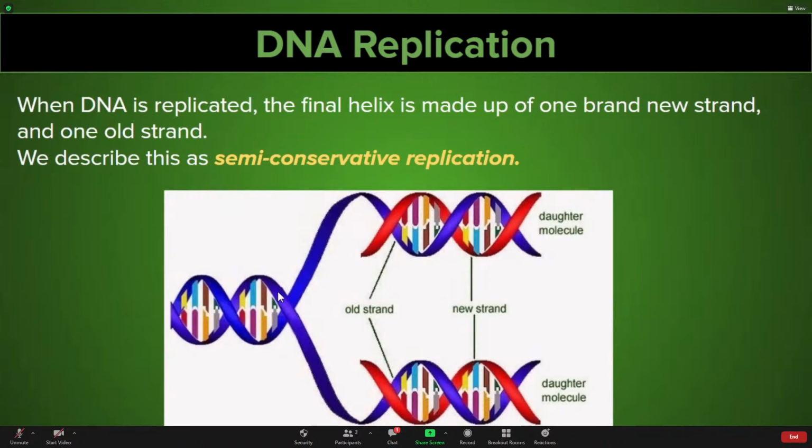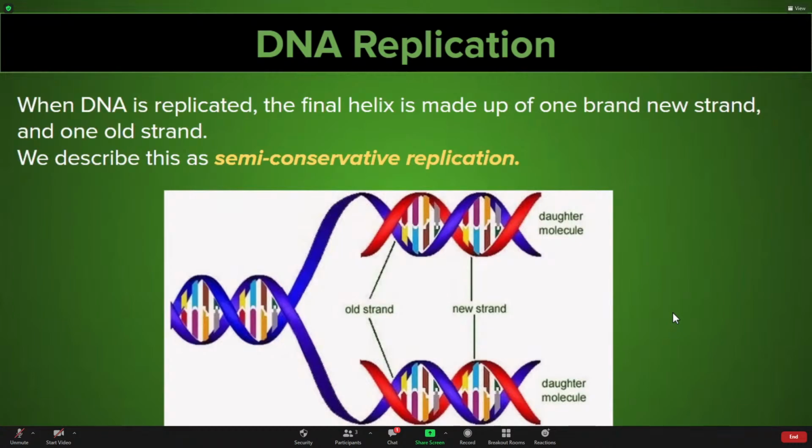The effect is that the 2 halves of this DNA strand here have split. We have new halves formed for each of them, and these molecules, top and bottom, will be identical. So semi-conservative means half saved, if you like. So the old half has been saved, and we have built a new strand alongside it.